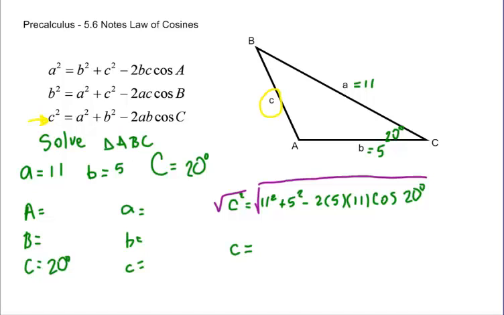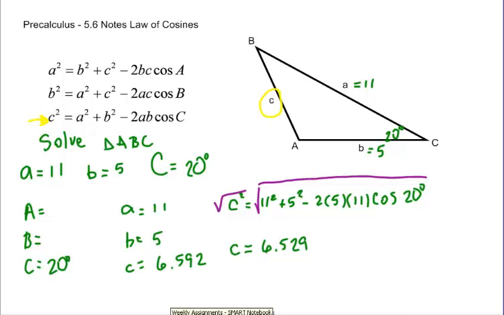And you get, and we want 3 decimal places here, 6.529. So there's side C. Hey, guess what? B we know is 5, it was given. A we know is 11, it was given.